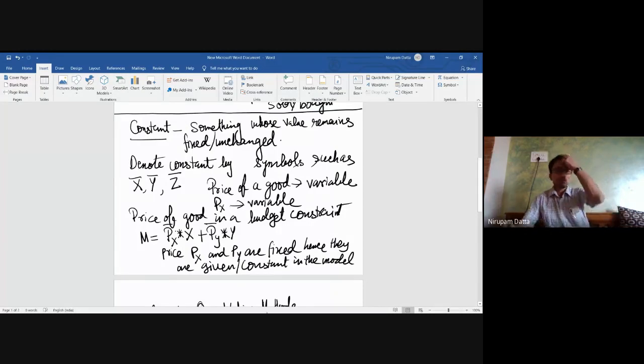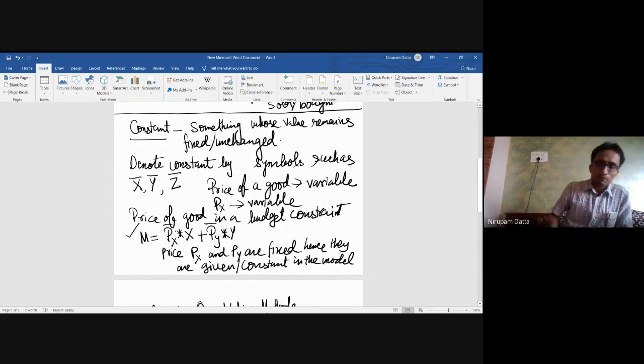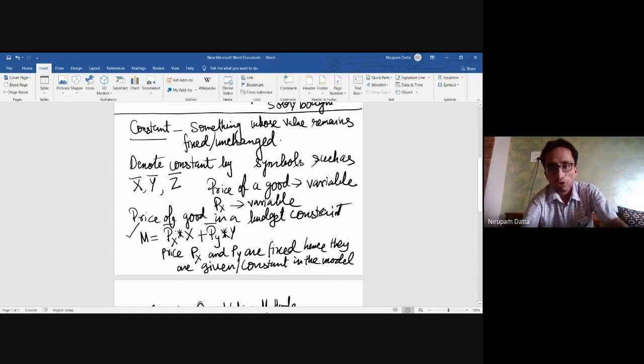So in a consumer model, when we are considering the budget constraint, which is given by this expression, M, which is money income, equals the quantity of good X bought multiplied by the price of good X, Px, plus the quantity of good Y bought multiplied by the price of good Y, Py. We assume that the price of X, Px, and the price of Y, Py, are given and hence fixed in the given model. So this is an example of a constant.